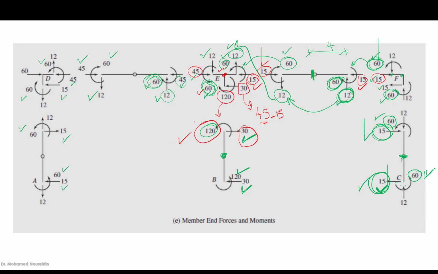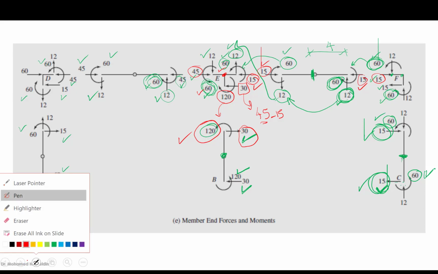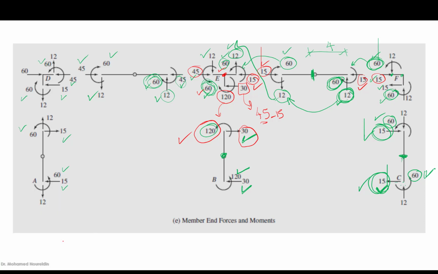Now let's go to the next part, which is the axial forces in the columns. Let's use another color here. Which color didn't we use? I guess this blue, we can use it. So first of all, start with the left part. Looking here, this is the shear of the girder, right? The shear of the girder is 12.